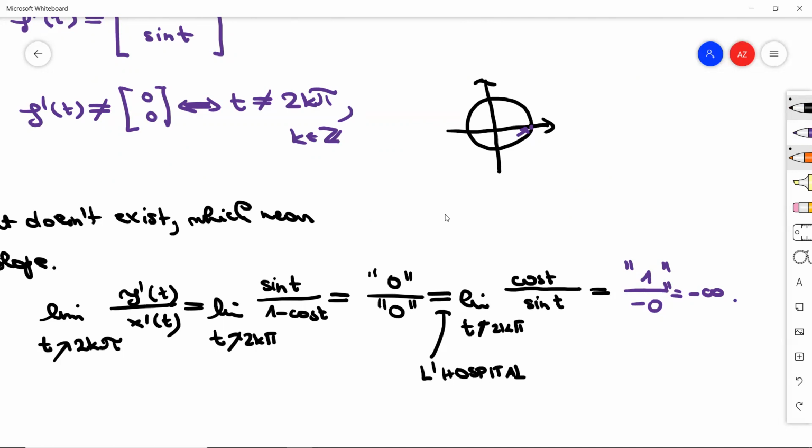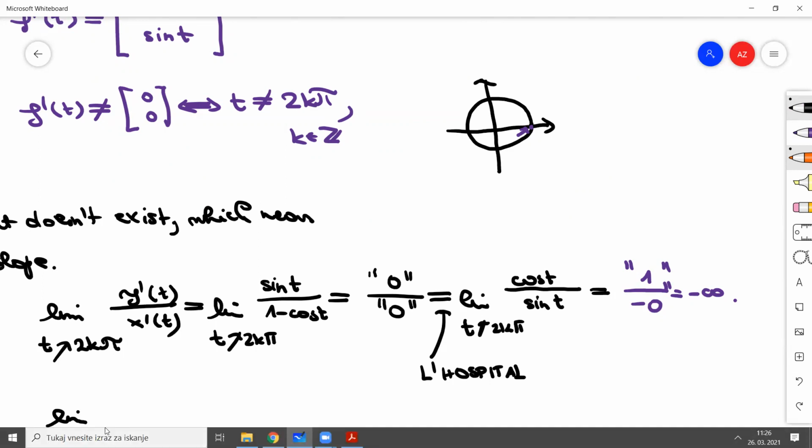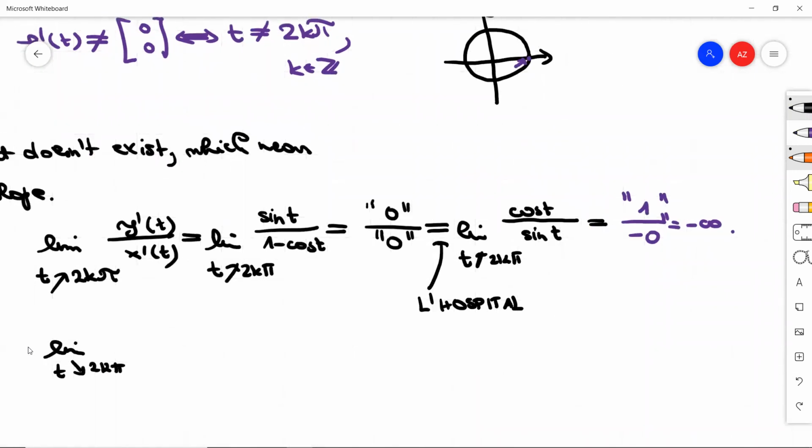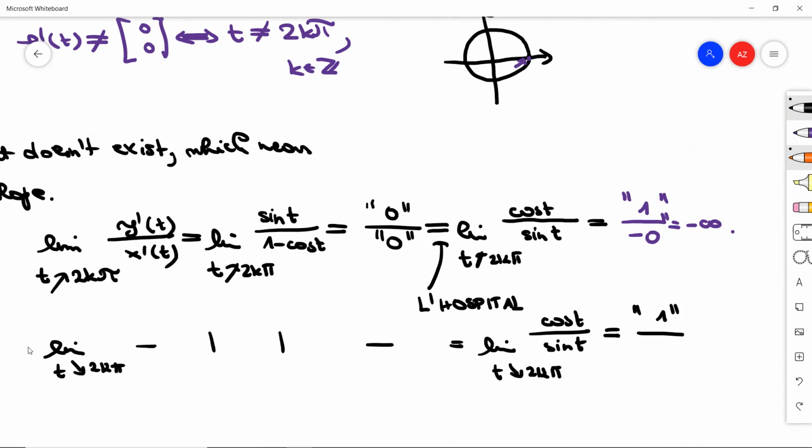Okay, and if you repeat this calculation for the t's which approach 2k pi from the right, everything is the same, only that here we have cosine of t over sine of t, and this is still 1 in the numerator, while in the denominator we are going to 2k pi from the positive direction.